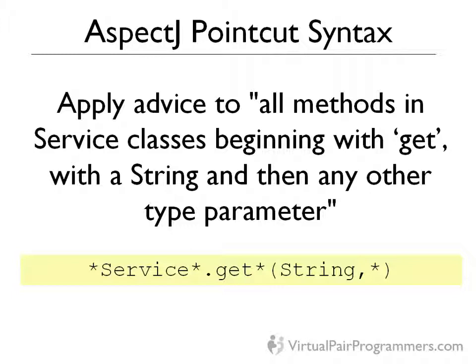That's the same as we had before. But we only want the advice to apply to methods that take a string as the first parameter, and then for the second parameter, well, we don't care what that type of parameter is. It could be an int, a boolean, a float, a long, and so on. But it must have a second parameter.